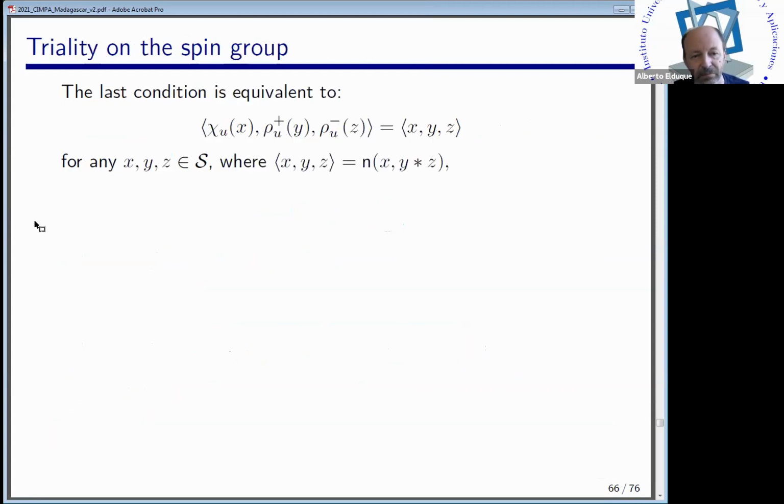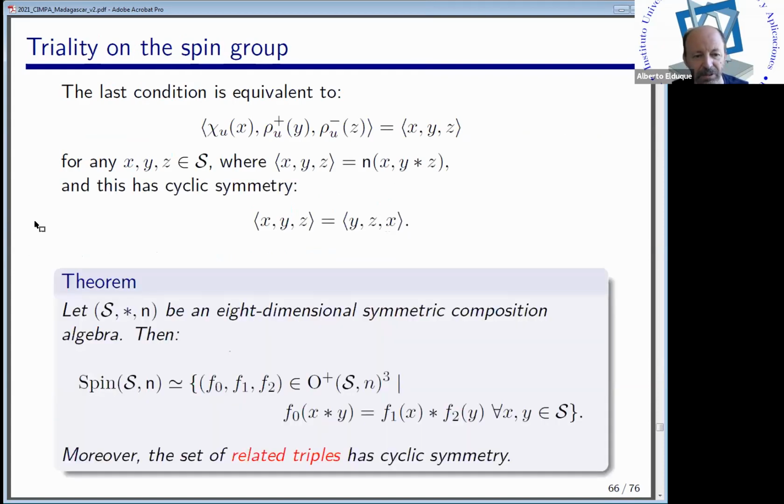Well, this can be considered in a different way. I'm going to skip this thing. But the important thing also is that in this way, we can identify the spin group associated to the norm of any symmetric composition algebra, which is the universal cover of the special orthogonal group, in exactly the same way as we considered in the first talk, the first day.